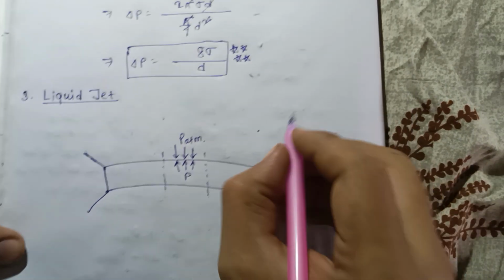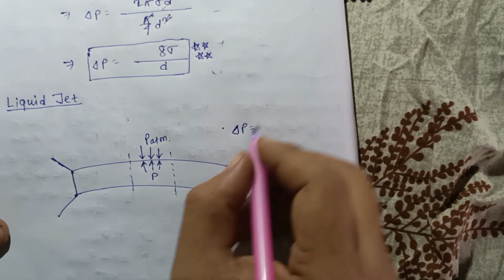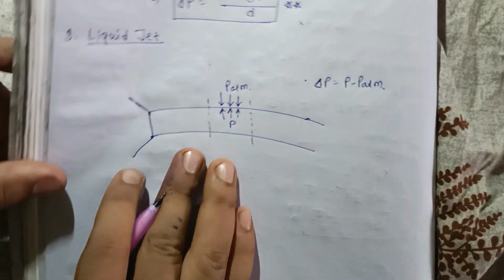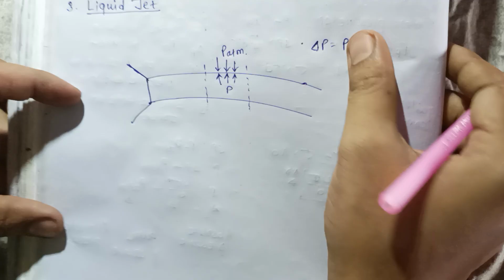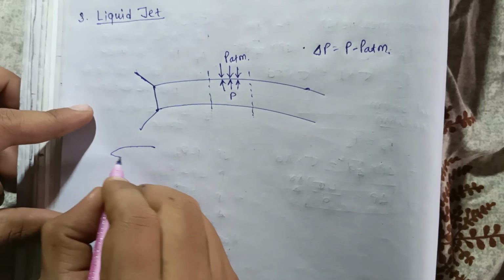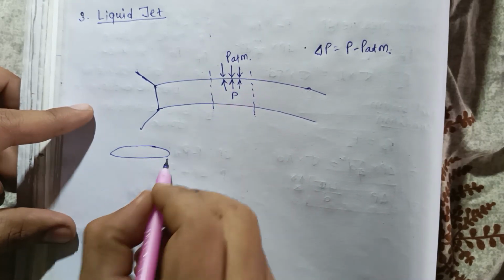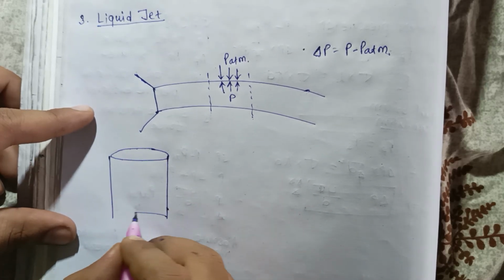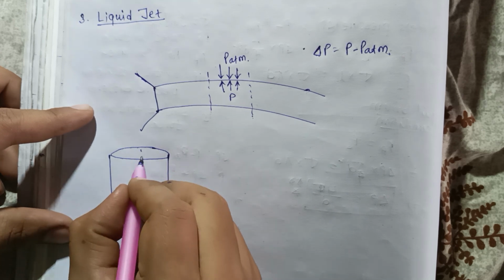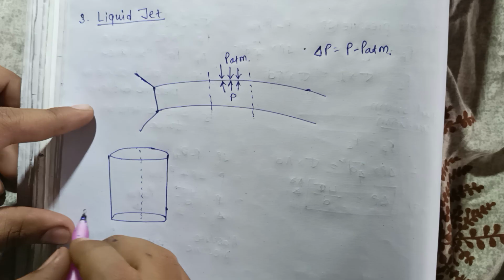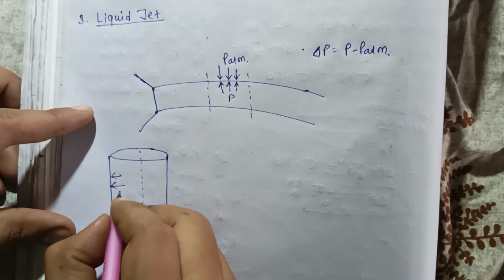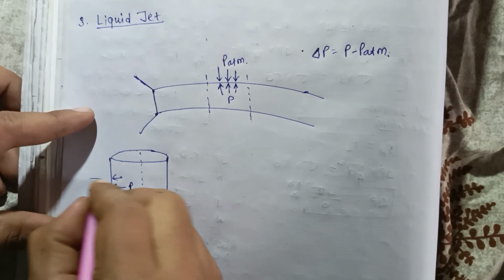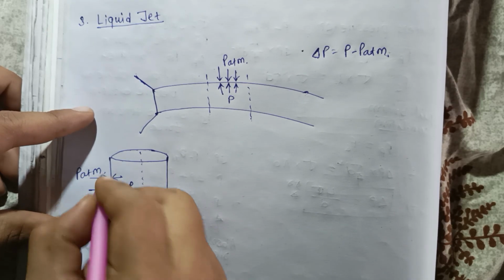If you want to calculate delta P, it is P minus P atm. In the cross section, P is acting inside and P atm outside.